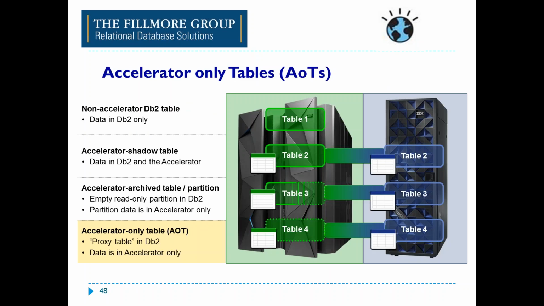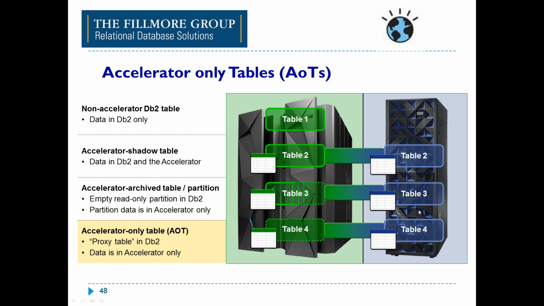The accelerator tables, accelerator-only tables that I mentioned before, there are 4 types of tables. Table 1 resides in Db2 for z/OS only. The accelerator shadow table, the full table resides in both the IDAA and in Db2 for z/OS. The accelerator archive table, the HPSS that I've just talked about, some partitions may reside in Db2 for z/OS.